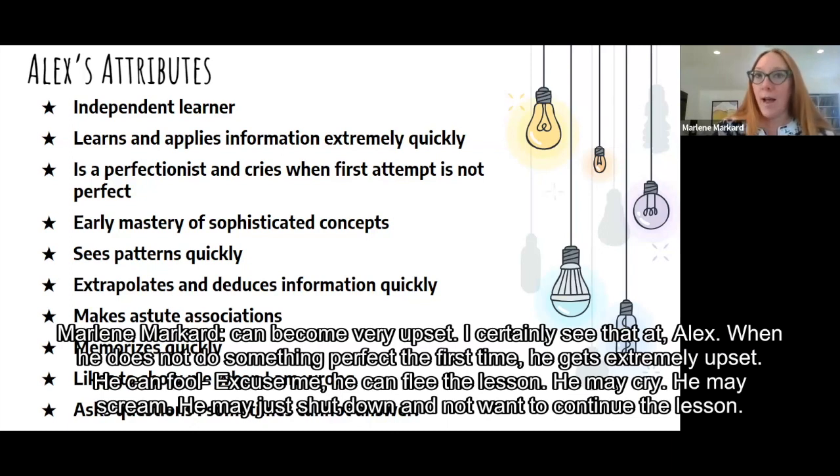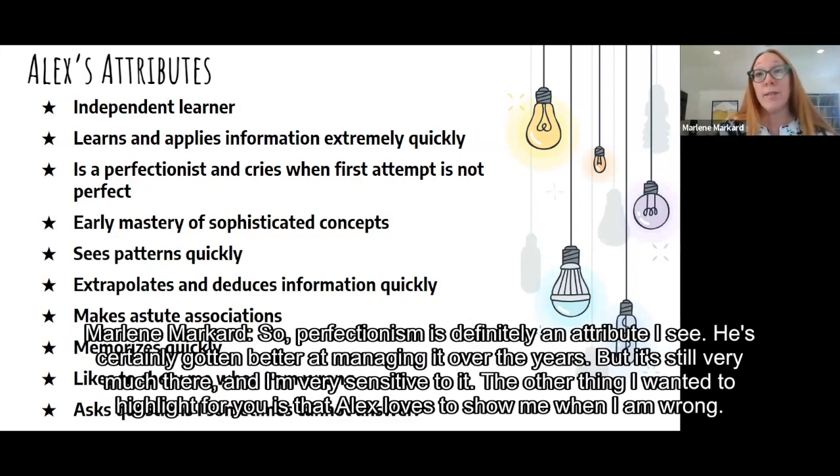I certainly see that in Alex. When he does not do something perfect the first time, he gets extremely upset. He can flee the lesson. He may cry, he may scream, he may just shut down and not want to continue the lesson. So perfectionism is definitely an attribute I see.